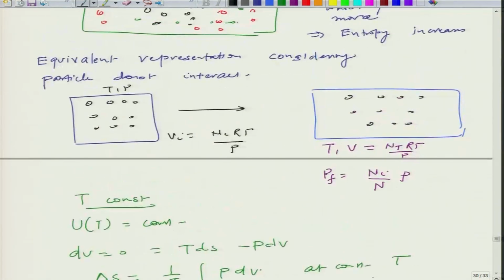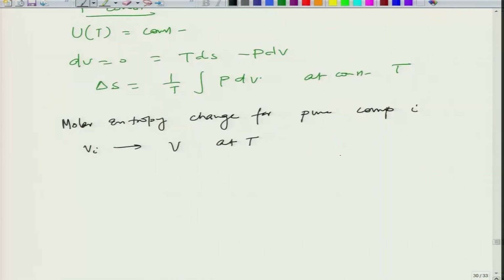So, you can consider here this is v_i, it goes to v here. Okay. So, with this I am saying delta S_i at this point, let me just look at the entropy change, and then I am going to look at the molar entropy. Okay. So, let me just focus on the entropy part here first.